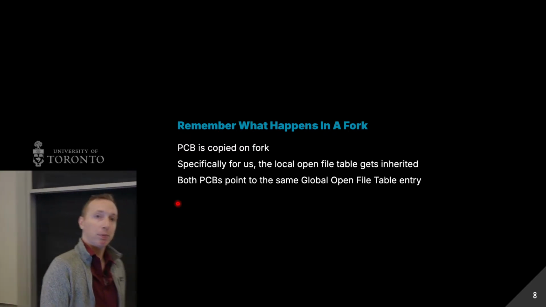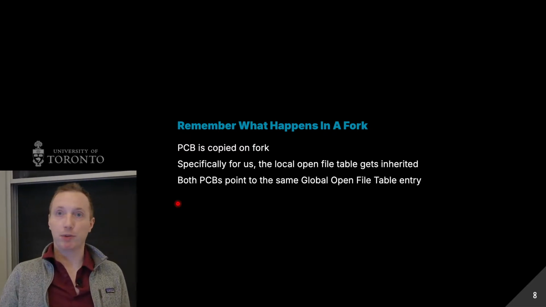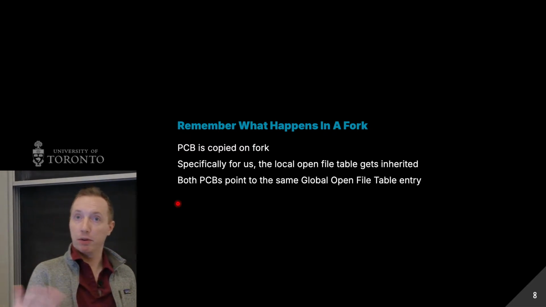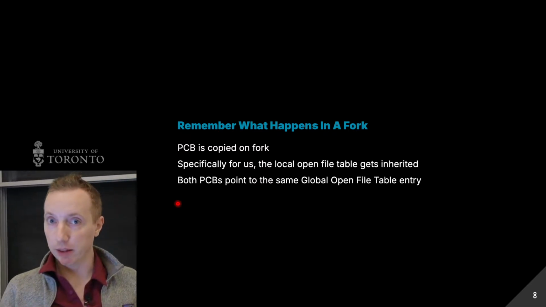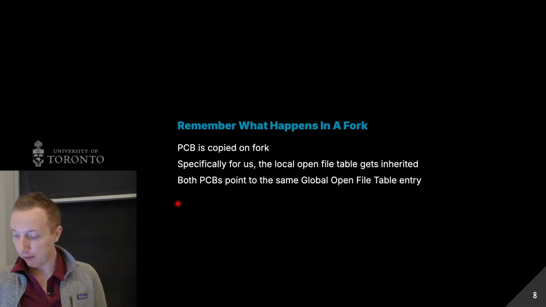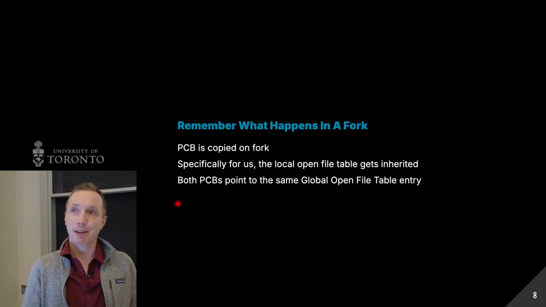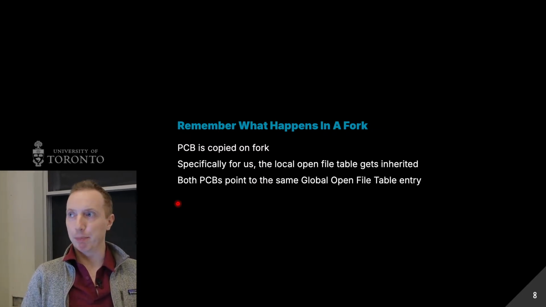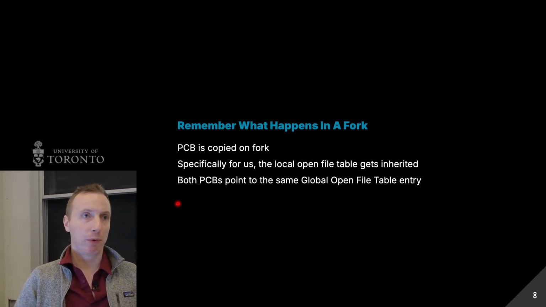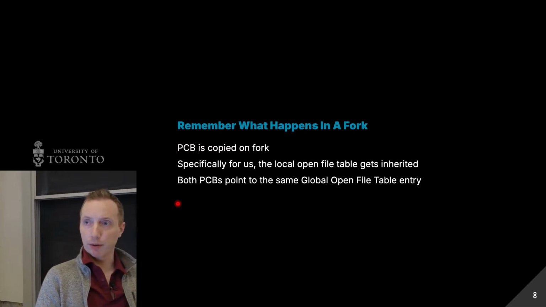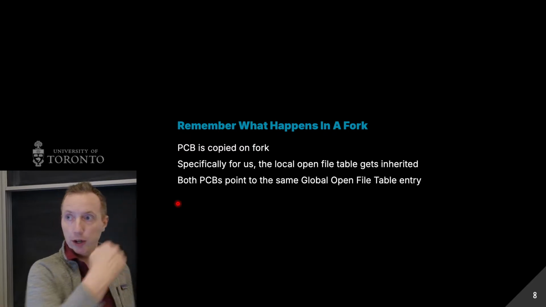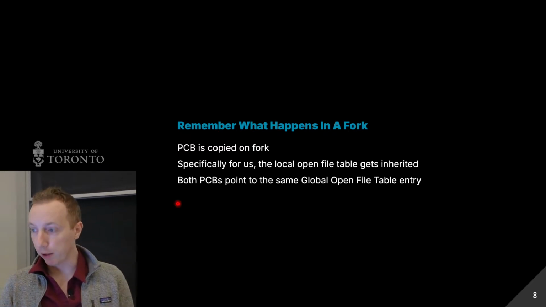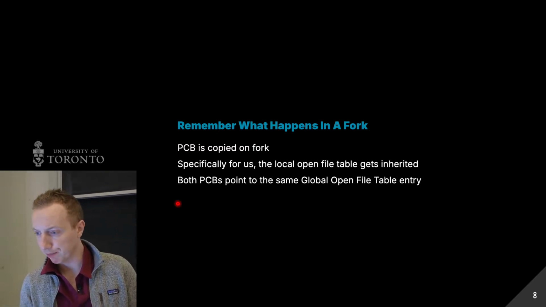So if one process changes a position, it will change it for the other one. It gets a little weird with that, and that's also why we saw before, if we print out information through multiple processes or read information, only one process will be able to read it because they're sharing that one position. Whoever reads it first is the one that reads it.